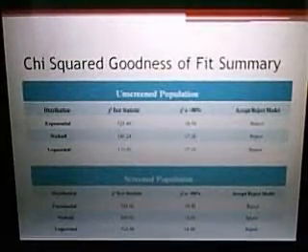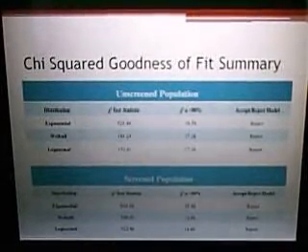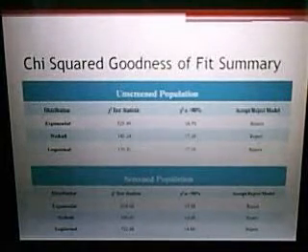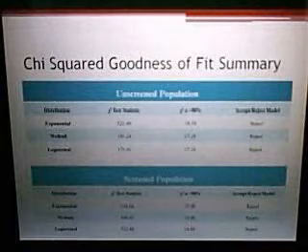So to further discuss the chi-square goodness of fit testing, we performed this analysis for both populations, the unscreened and the screened population.